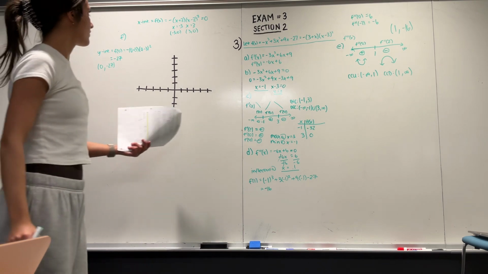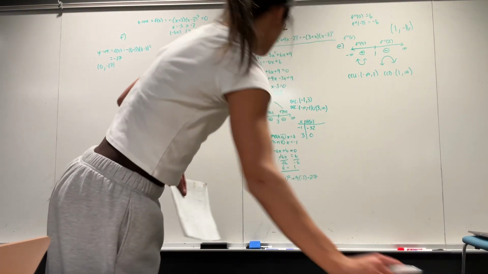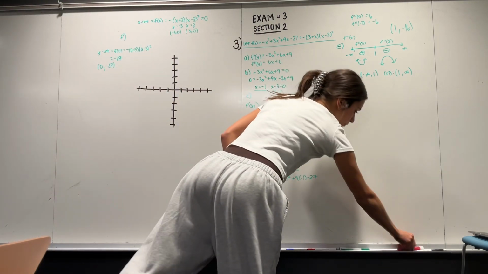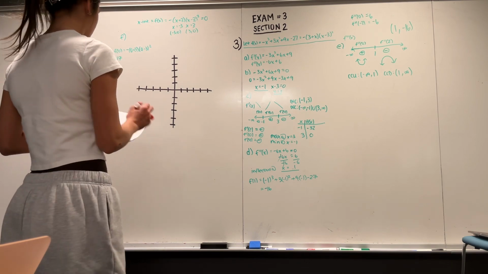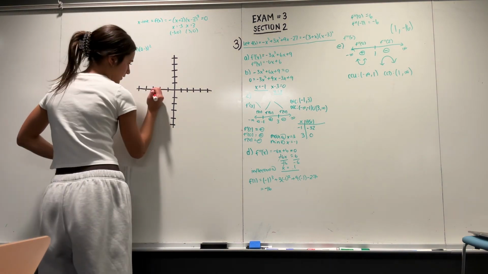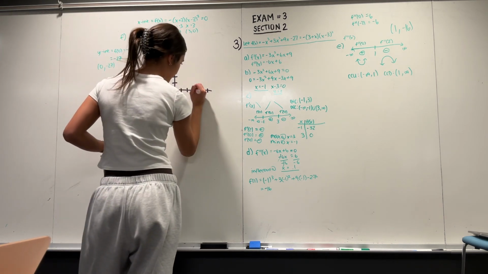Now that we have all this information, we can start to graph. I'm going to do a different color. First, we're going to plot our points. Our x-intercept we just figured out is at negative 3, 0. So this is negative 3, 0, and then it's also at positive 3, 0.